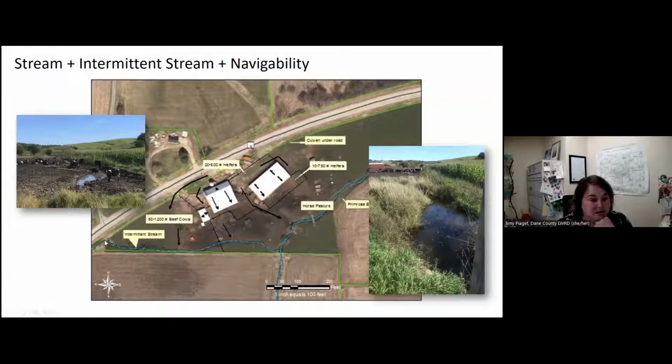So in this particular case, in this picture, we have livestock in the intermittent stream, and we're not maintaining bank stability through there. And then we also have them very close and within the 300 feet of the navigable portion of the stream. So the definitions here apply based on the performance standard that we're looking at, but also the types of water bodies that we're dealing with.